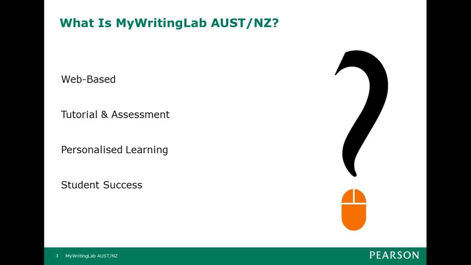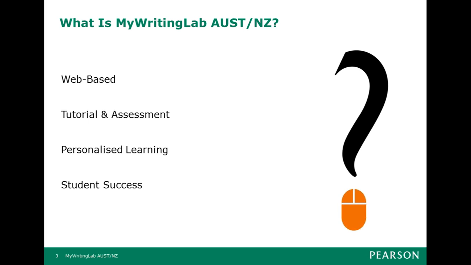It is used by tens of thousands of students every year all over the world, with localised adaptations for many countries like Australia and New Zealand. Our version was changed to reflect what Australian and New Zealand universities were telling us was most needed to improve writing skills, for grammar and for writing in an academic context in particular.